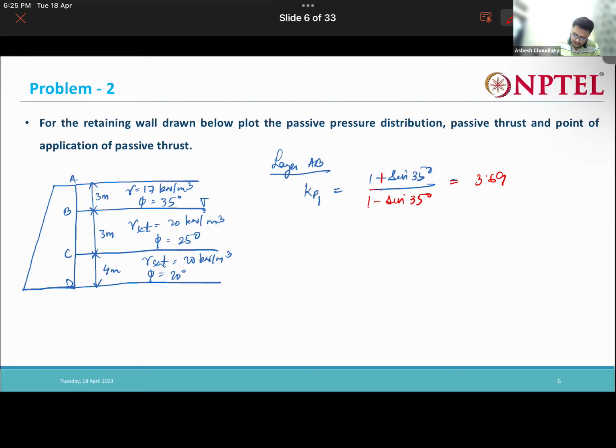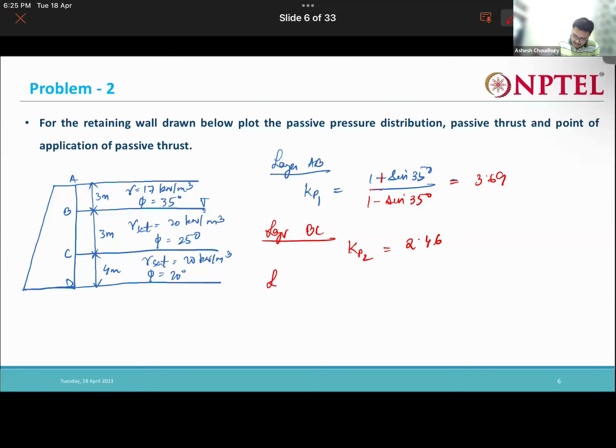For layer BC, how much is KP? 1 plus sine 25 by 1 minus sine 25. It is 2.46. Okay, 2.46.